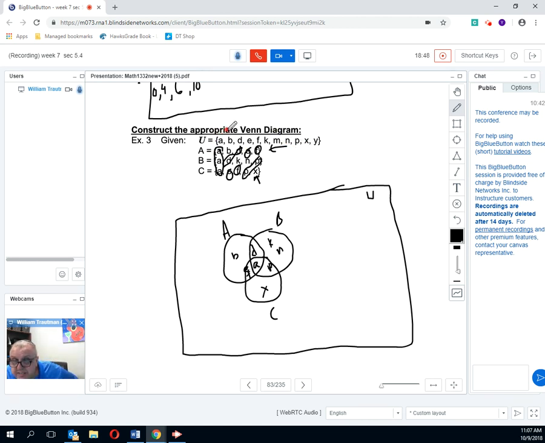A is in our sets, B is in our sets, D is in our sets, E is there. I see an E right there. F, yes. K, yes. M. Do we have an M? I don't see an M unless I covered up. So M should be in the universal set.